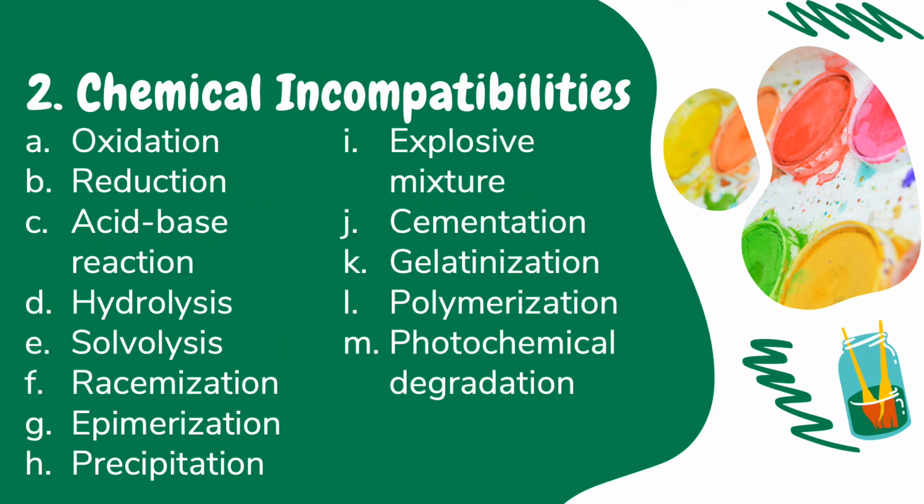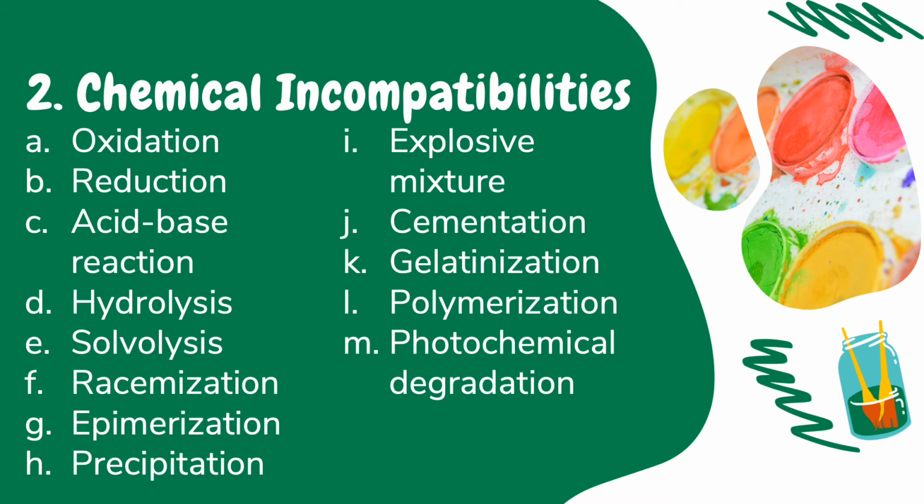The second type of pharmaceutical incompatibility is the chemical. Chemical incompatibilities have the following classes: oxidation, reduction, acid-base reaction, hydrolysis, solvolysis, racemization, epimerization, precipitation, explosive mixture, cementation, gelatinization, polymerization, photochemical degradation.